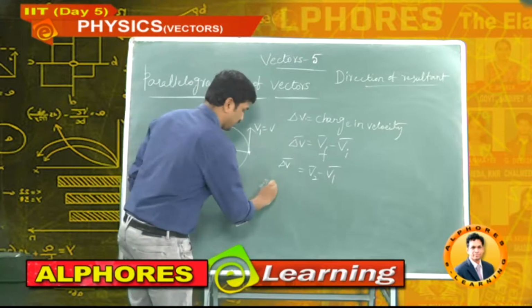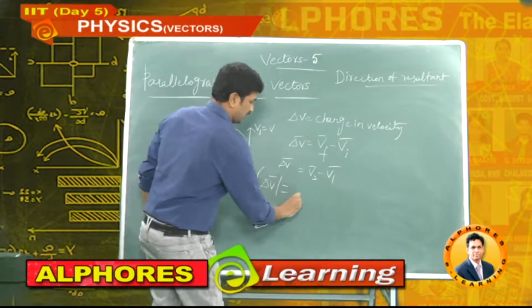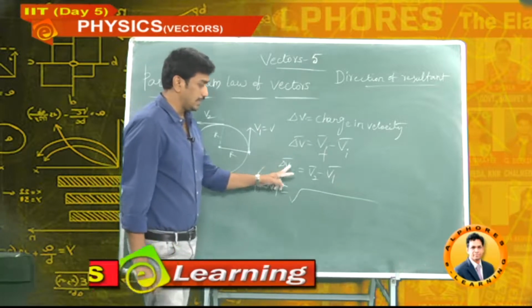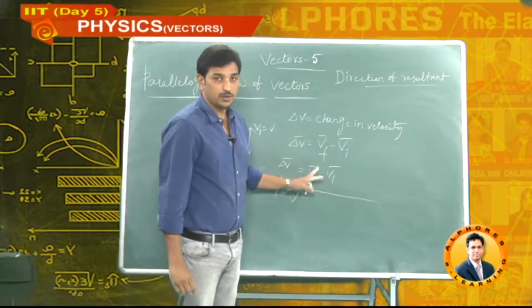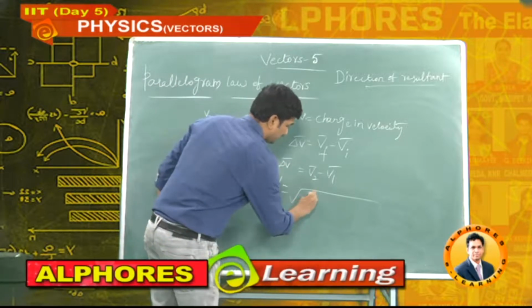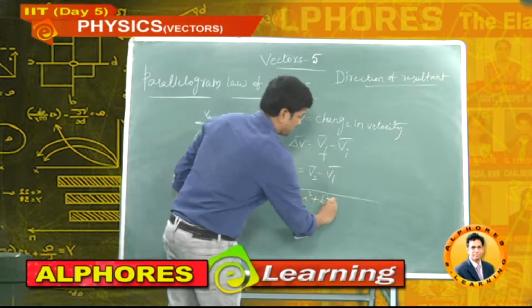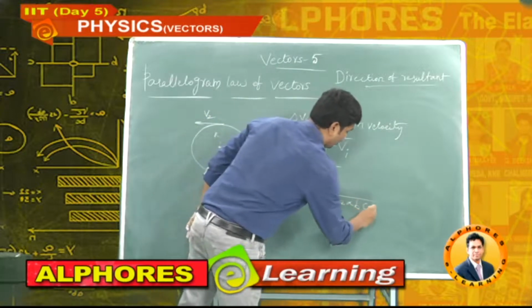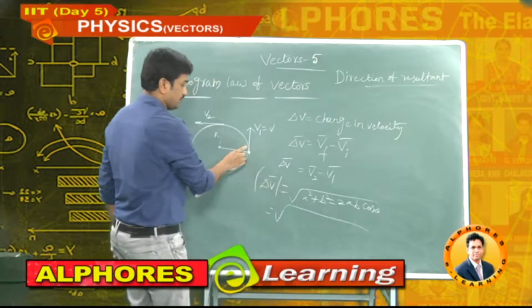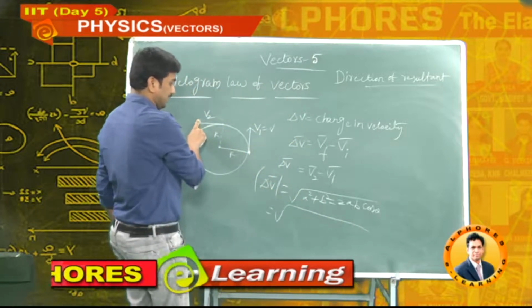What is the magnitude of the change in velocity? Under root. Again, the resultant is like a bar minus b bar. What is the magnitude of a bar minus b bar? Root of a square plus b square minus 2ab cos theta. What is a? V1. What is b? V2.